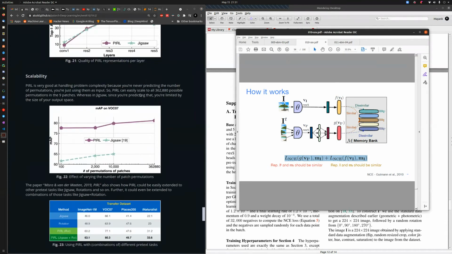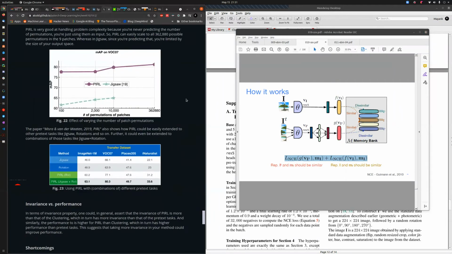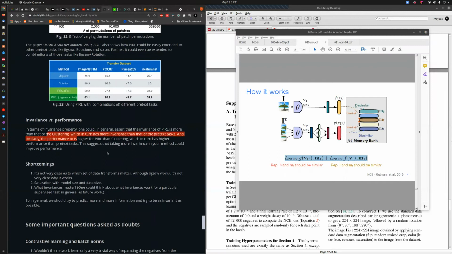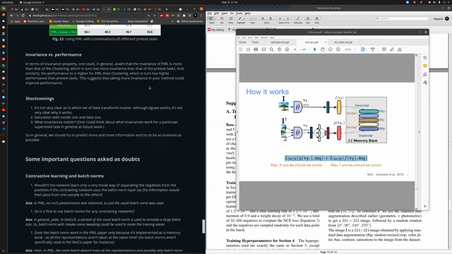Then we look at the scalability. Then this is Jigsaw plus rotation and only rotation. So these are the shortcomings.